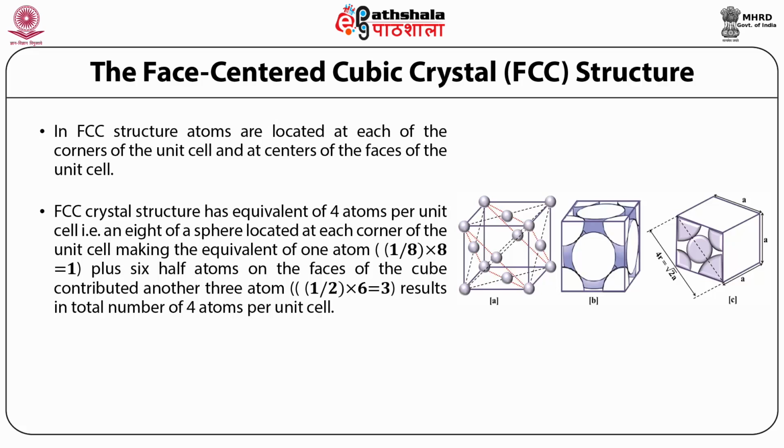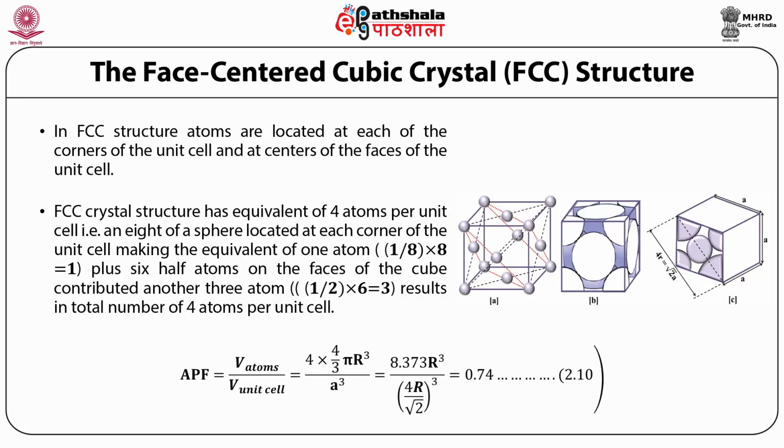The atomic packing factor for FCC can be calculated as follows. APF is equal to V atoms by V unit cell, equal to 4 multiplied by 4/3 pi r cubed divided by a cubed, which is equal to 8.373 r cubed, and after putting the value of a, which is equal to 4R by root 2 the whole cubed, APF is equal to 0.74.